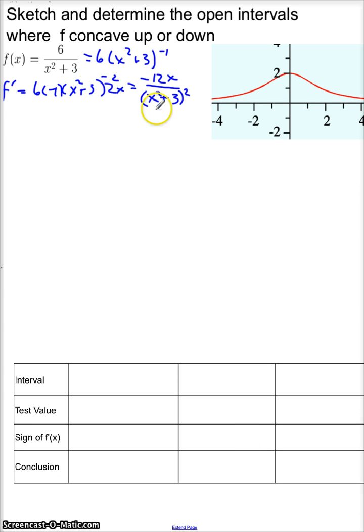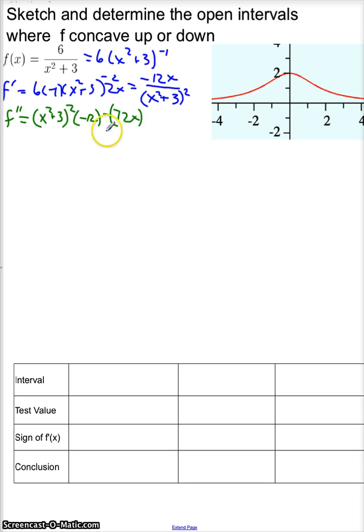So now I'm going to come through and do the second derivative. The second derivative is equal to, now I have a quotient rule. So it's the denominator, which is (x squared plus 3) squared, times the derivative of the numerator, which is negative 12, minus the numerator, which is negative 12x.